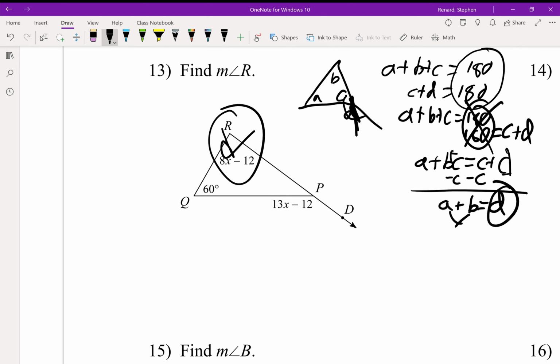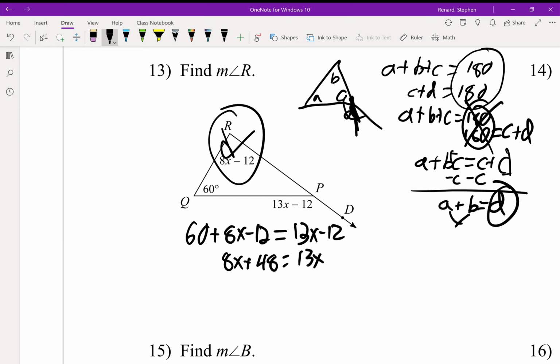So again, once we solve for x, we're going to plug it in right there. But first we have to solve for x. So we're going to go, the two inside angles add up to the outside angle. Combine like terms, and then I'm going to subtract 8x from both sides.